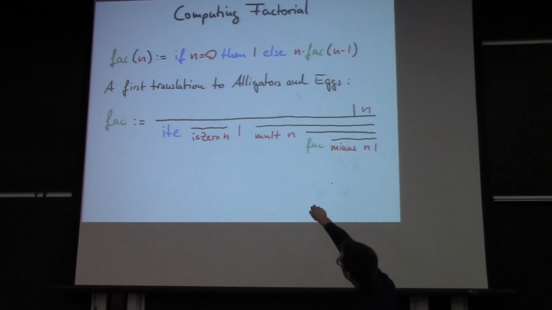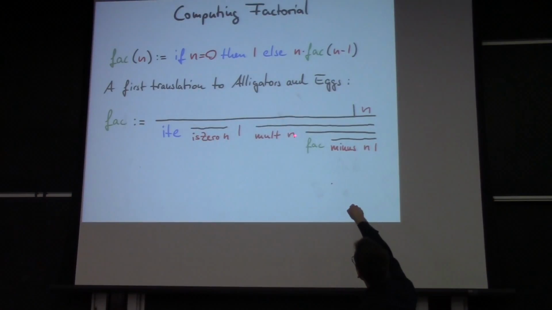So this family is going to test whether this number is 0. And if this is true, then we're going to return 1. That's this case. Otherwise, we're going to return this here, which is represented again by this family. So we have an alligator family representing multiplication of numbers. It multiplies n with this stuff here, which is the factorial of n minus 1.